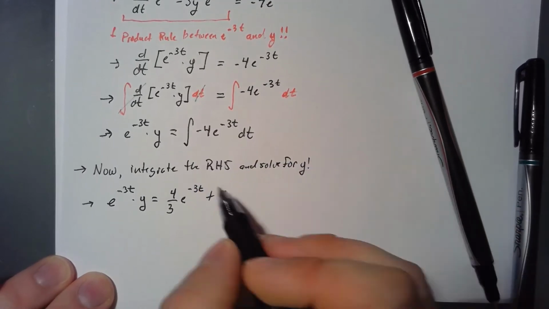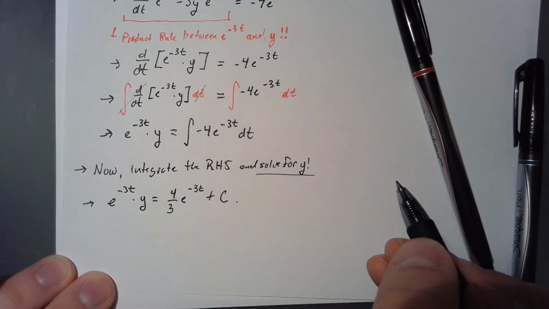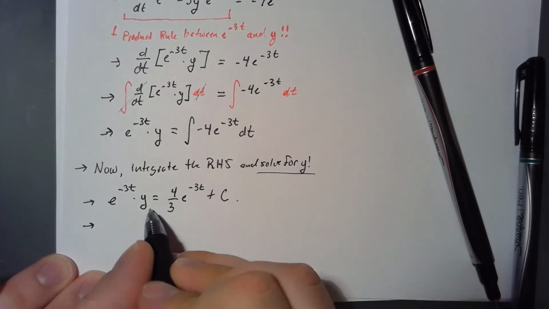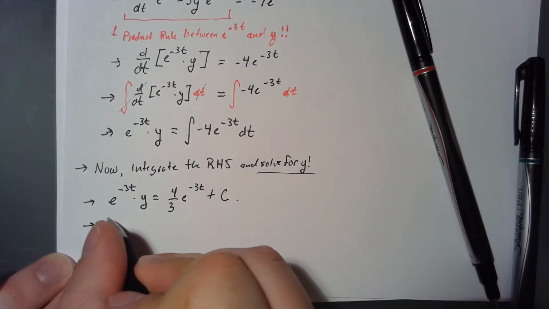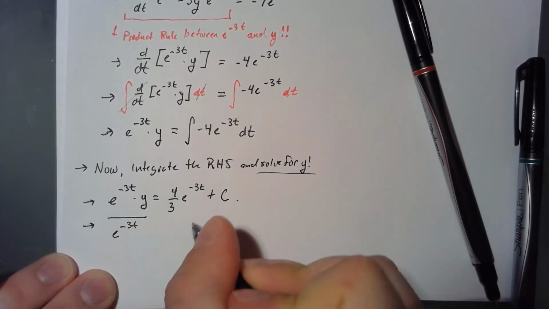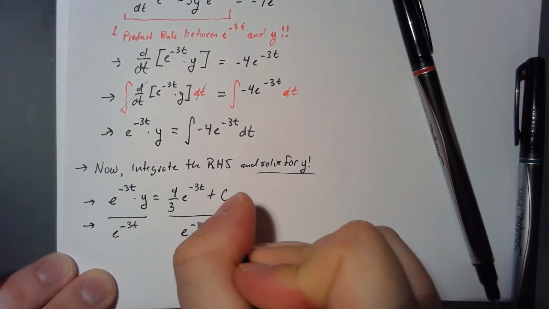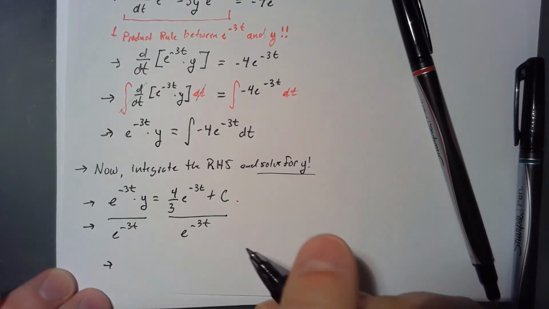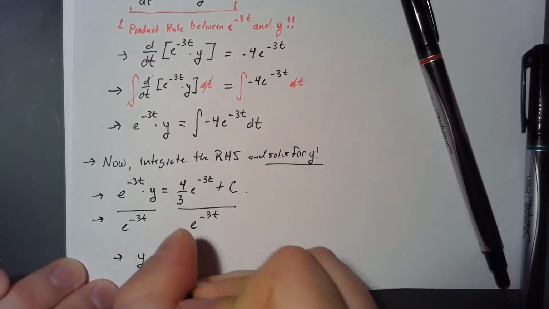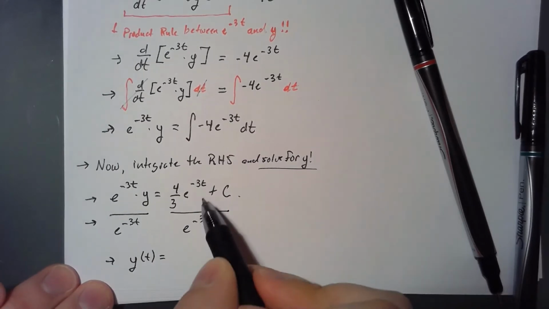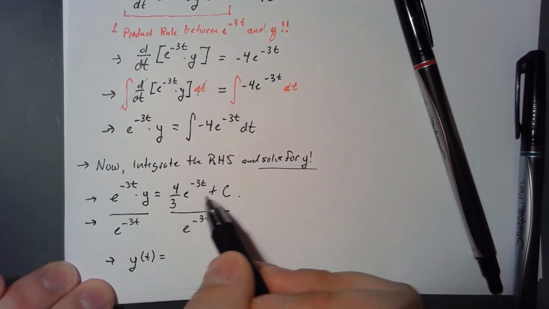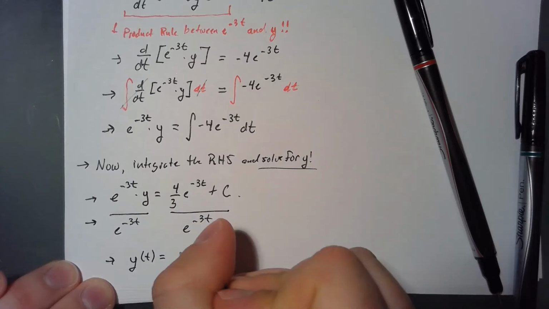Right? And now from here, solve for y. So how do you solve this for y? Divide both sides by e to the negative 3t. So now you're going to get y as a function of t, because that's what it is. Divide this by e to the negative 3t, so you're going to get 4/3.